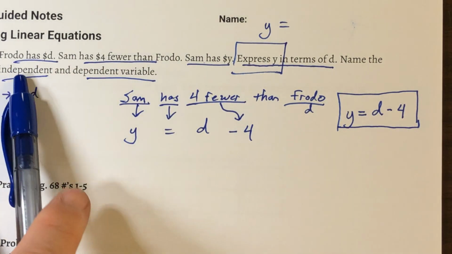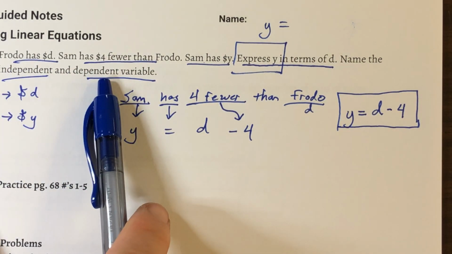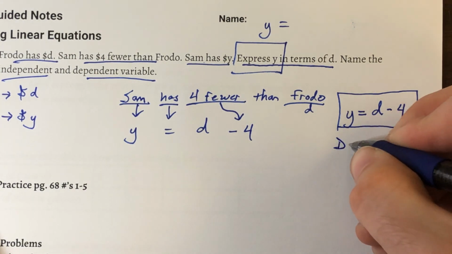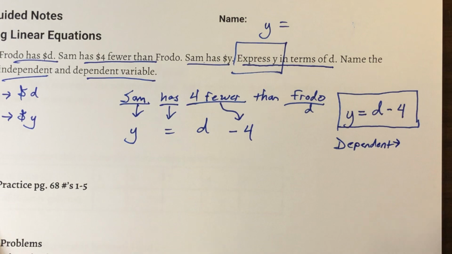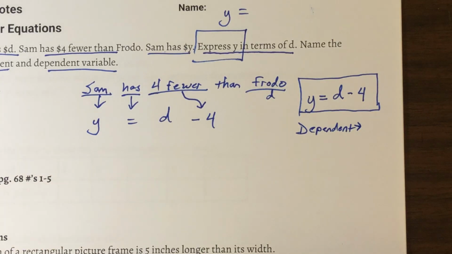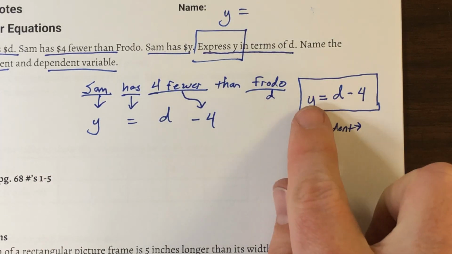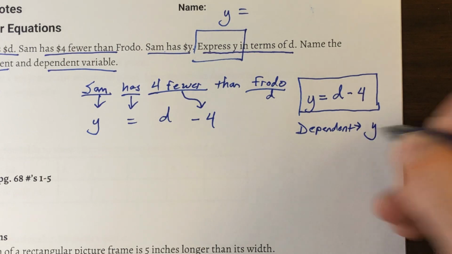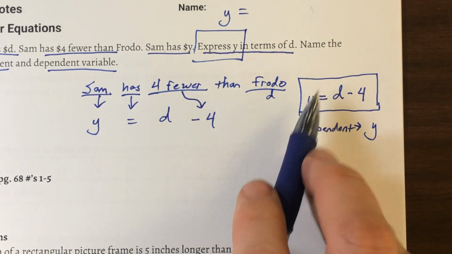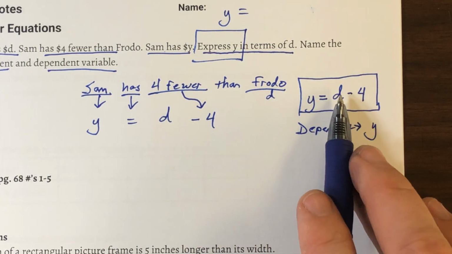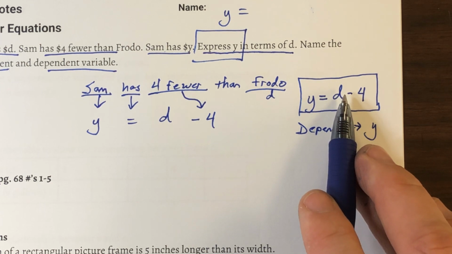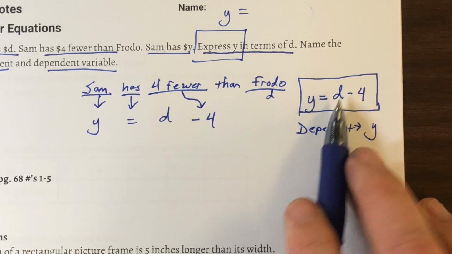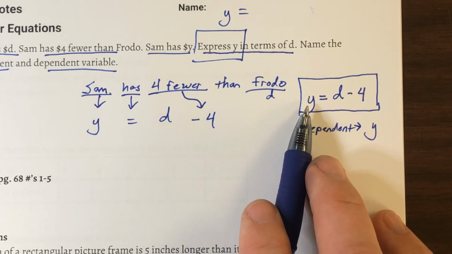Second, it does ask for the independent and dependent variables. So dependent, the variable that depends on the other, is going to be Y. Why is that? Well, Y stands for Sam, and Sam's money depends on how much Frodo has. Because Sam has 4 fewer dollars than Frodo, if you don't know how much Frodo has, you're not going to know how much Sam has.